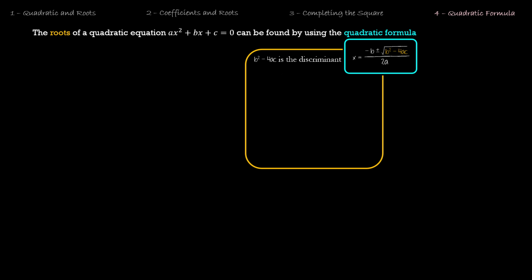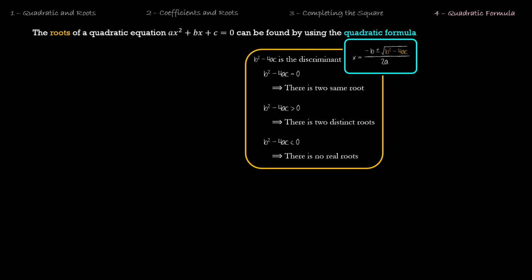If the discriminant is equal to 0, then we say that there is only one solution and the roots are said to be the same. However, if it's greater than 0, then there will be two distinct solutions. Conversely, if the discriminant is negative, then we will have no real solutions, as we cannot square root a negative value to get a real number.